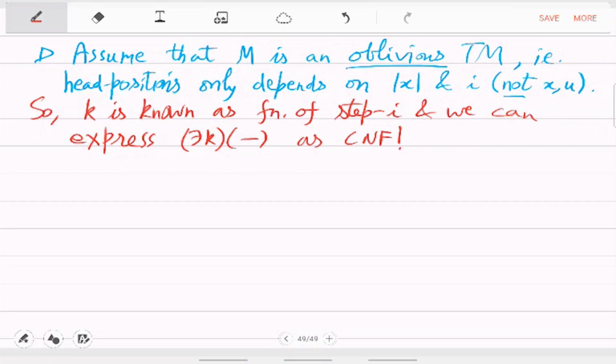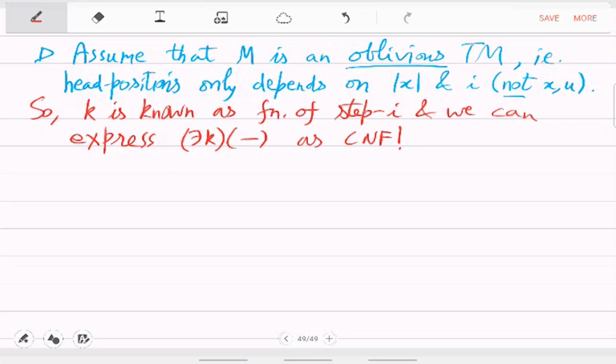The formula will basically be capturing how one configuration changes to the next via the transition function. A configuration is a set of variables as many as the cells used on the tapes, input tape and work tape.